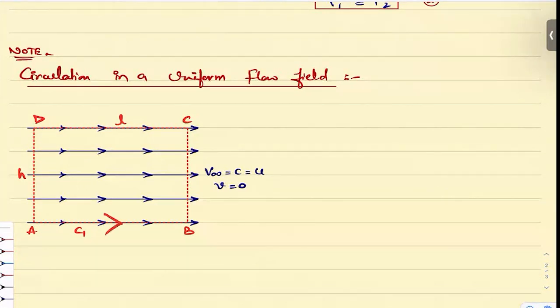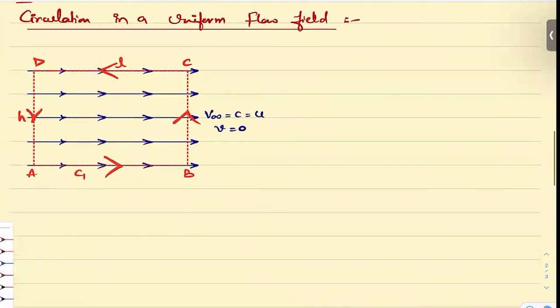Let's say you are traveling like this. To compute the circulation, you have to start from A and come back to A. That's the path along which you are tracing it. Can I go ahead? Yes. Right. Circulation gamma is given by the cyclic integral along the closed curve of v bar dot ds bar.